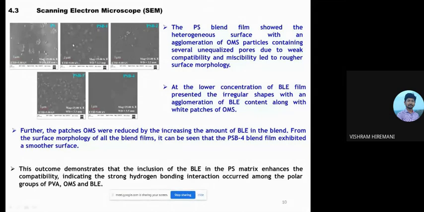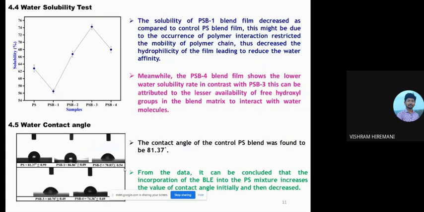But the addition of betel leaf extract contributed to a smoother surface with reduced patches of oxidized maize starch in the polymer matrix, and the PSB4 blend film showed a smoother and homogeneous surface in comparison with other films, which might be due to the betel leaf extract in the PS matrix enhancing the compatibility, indicating the strong hydrogen bonding interaction among the polar groups of PVA, oxidized maize starch and betel leaf extract.